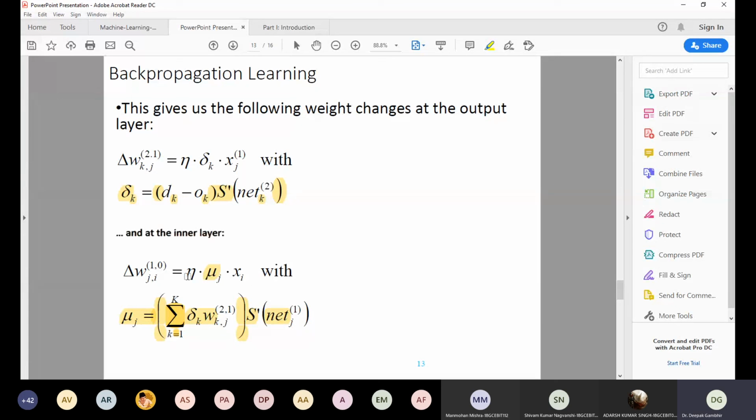Here it is eta mu j xi, and here eta delta xj. So you must remember that while computing the weights from the hidden layer to the output, we use this delta, and when we compute for the input layer to the hidden layer, we use this mu.